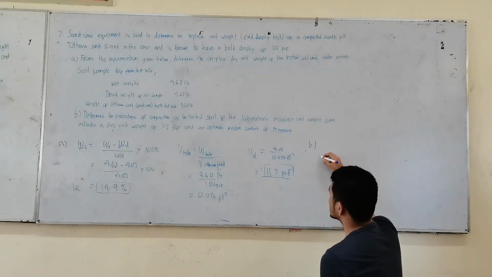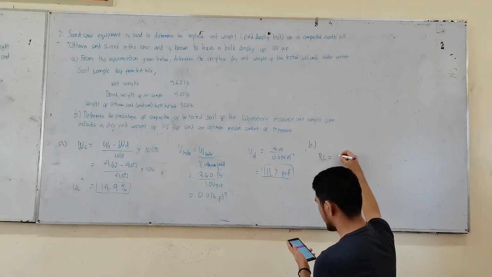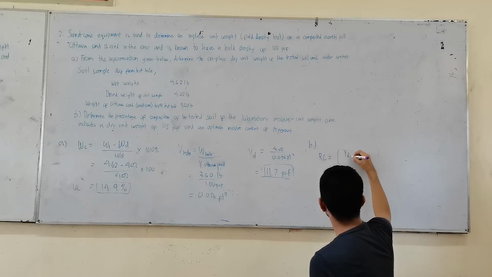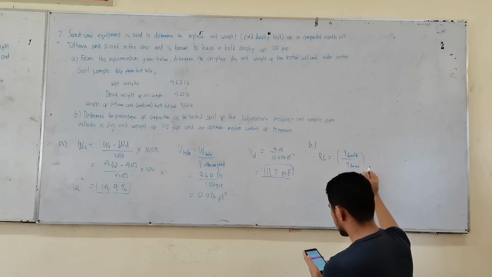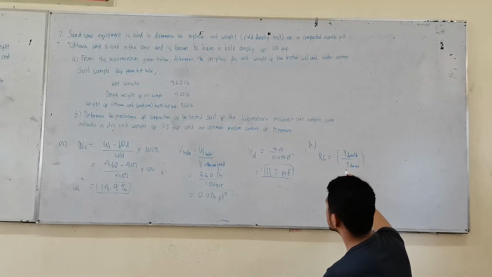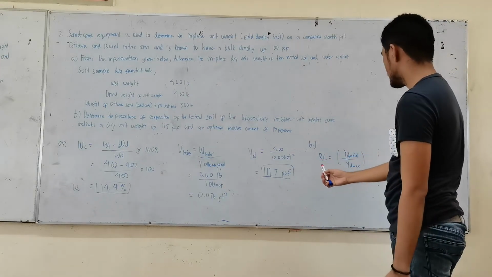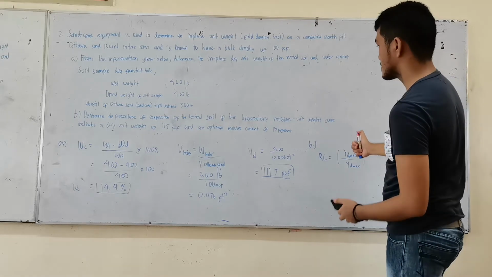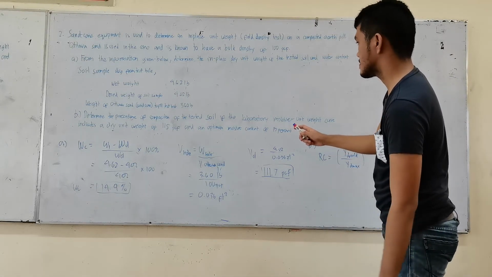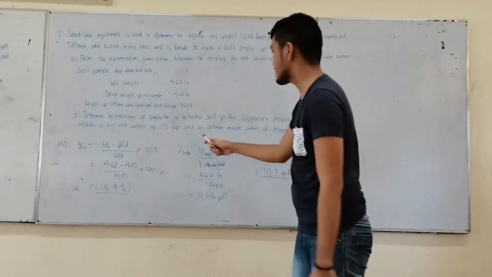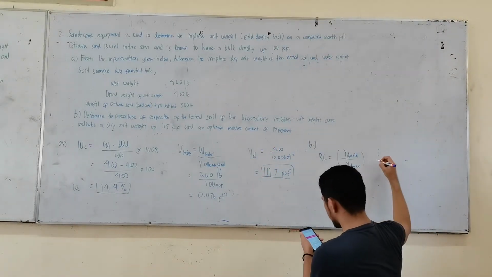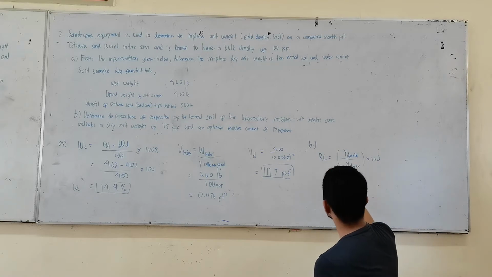To get that, we will simply use the formula of the in-place dry unit weight over the maximum dry unit weight times 100.